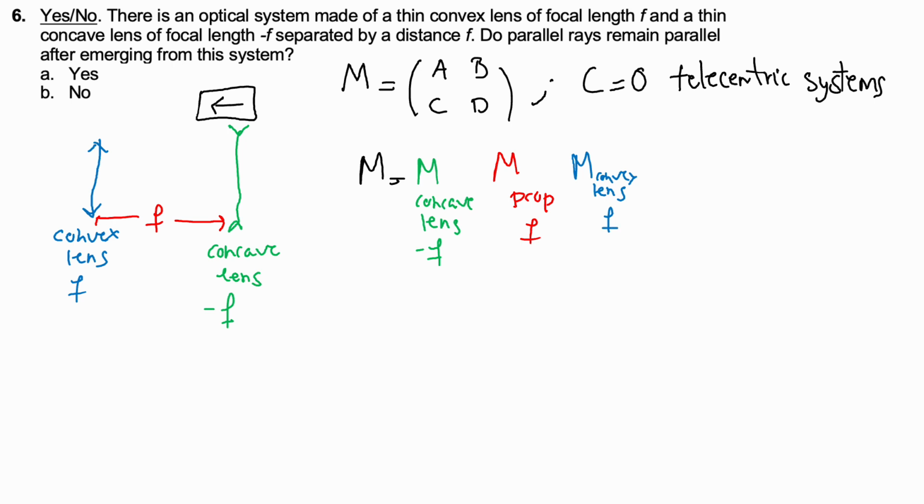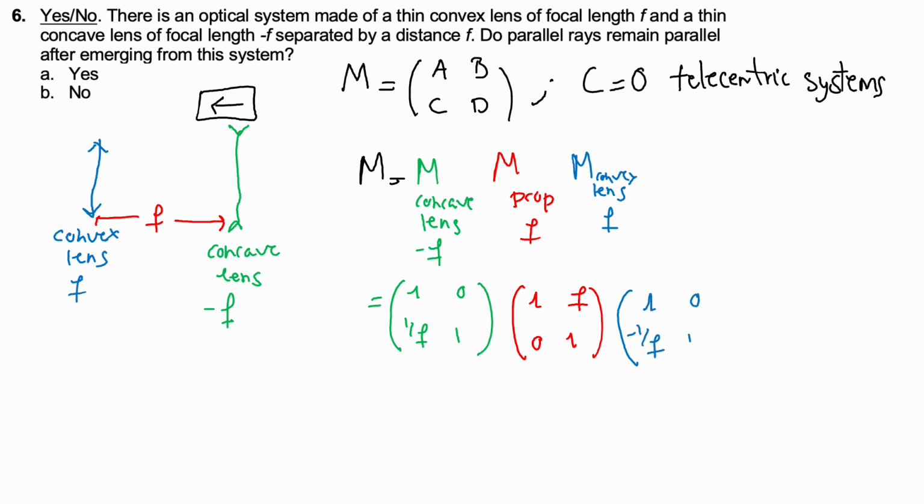So the matrix is gonna be [1, 0; 1/f, 1]. Remember that they are separated by a distance f, and the focal length of both lenses is the same. And then [1, 0; -1/f, 1].